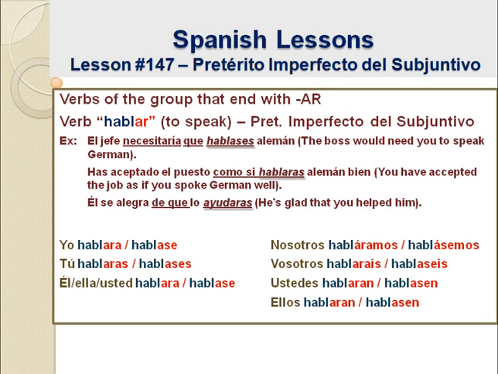Nosotros habláramos. Or nosotros hablásemos. Vosotros hablarais. Or vosotros hablaseis. Ustedes hablaran. Or ustedes hablasen. Ellos hablaran. Or ellos hablasen.